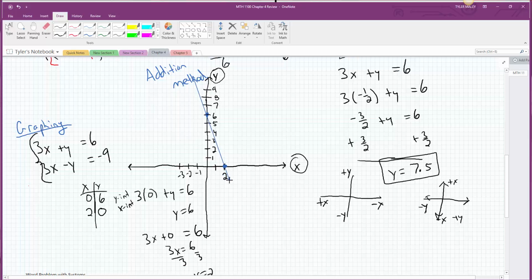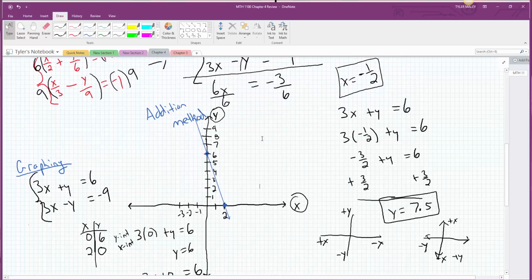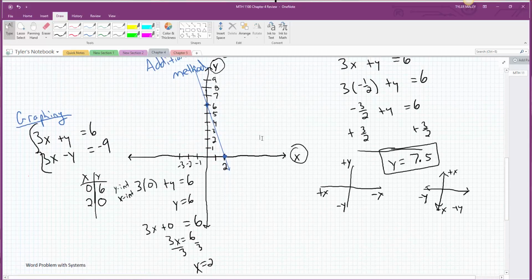Oops. This isn't quite right. All right, there. I think that one's pretty right on.